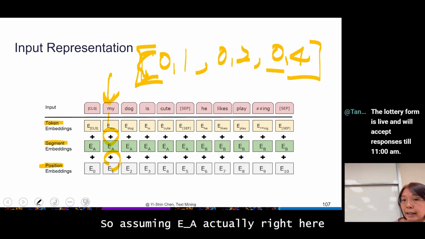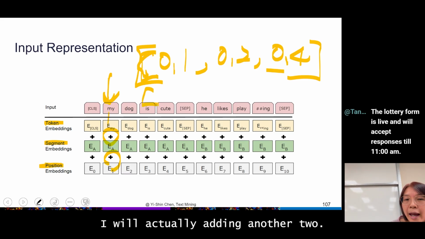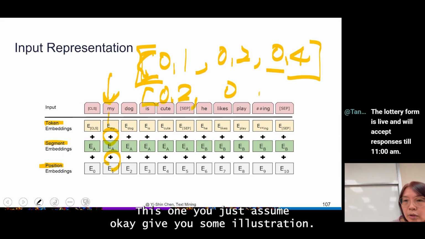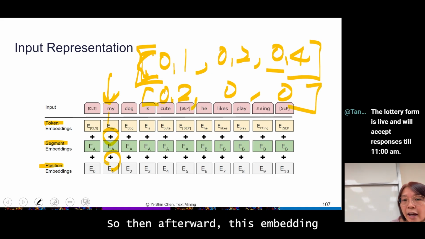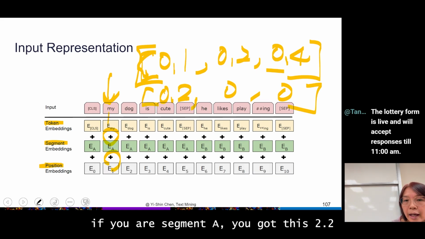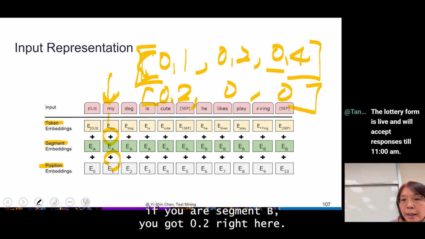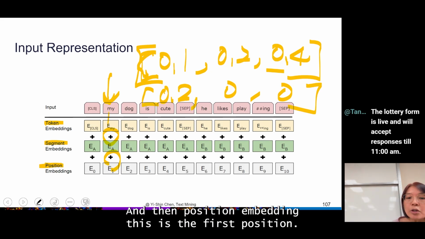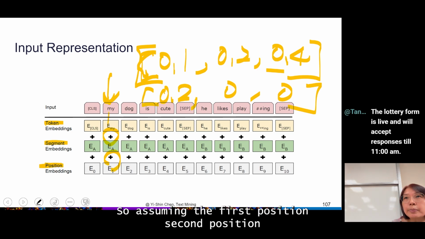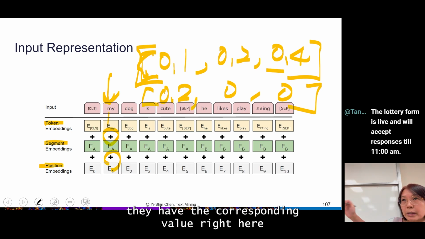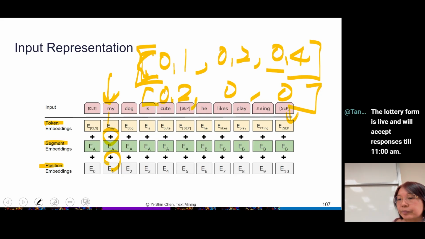Assuming EA is right here, I will be adding another two. This is just an assumption to give you some illustration. If you are segment A, you get 2.2. If you are segment B, you get 0.2 right here. And then the position embedding: this is the first position, and assuming the first position and second position have corresponding values right here.